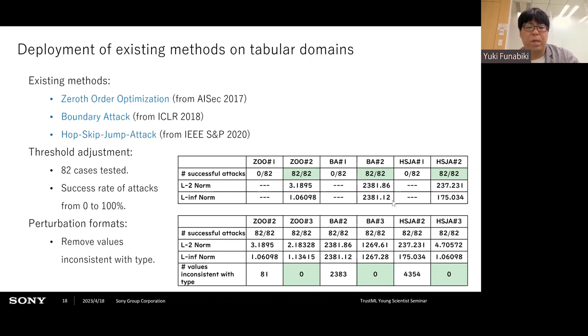For that purpose, we format the adversarial examples into string or float types. After that, the number of values inconsistent with types becomes 0 in the third experiment. So we can decrease the opportunity for operators to detect adversarial examples.